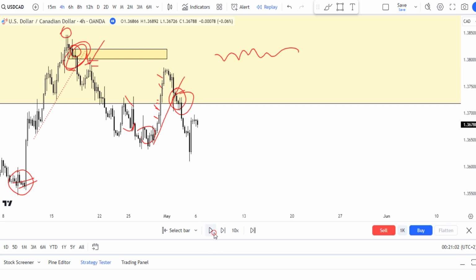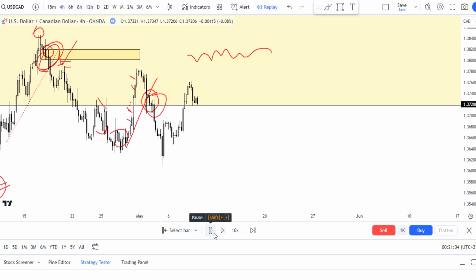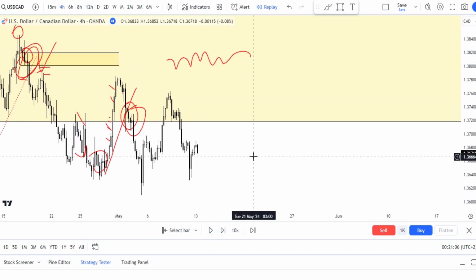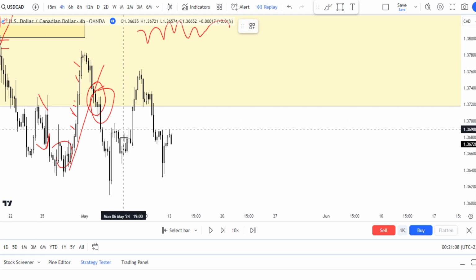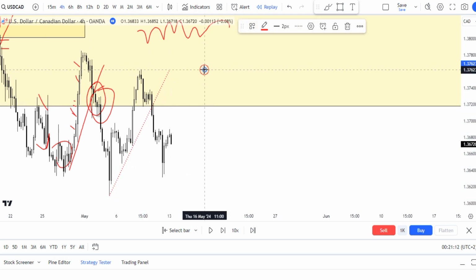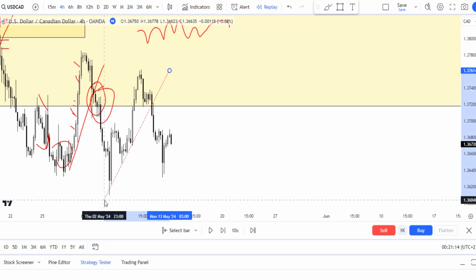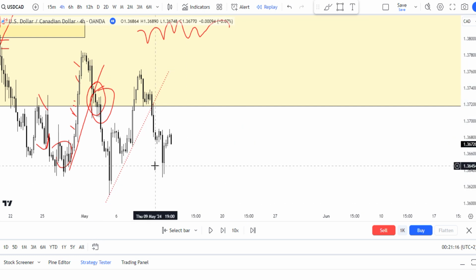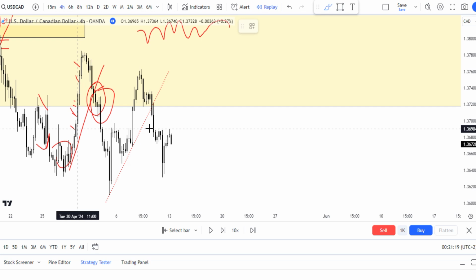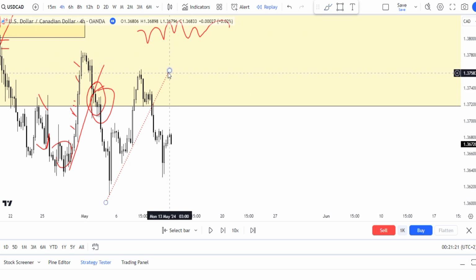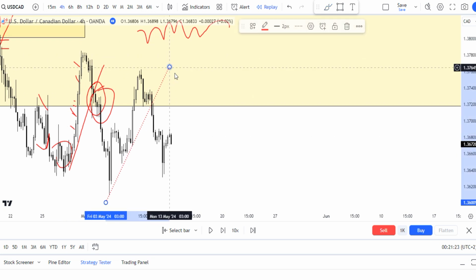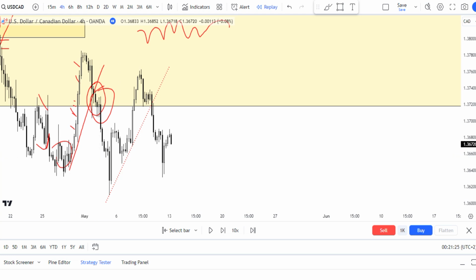Now let's go forward, and now we have a new one here we can draw. Always remember, never cut the trend line through the bodies. Never do that just to make the trend line better. Always do it like this. So we have a new imbalance right here.